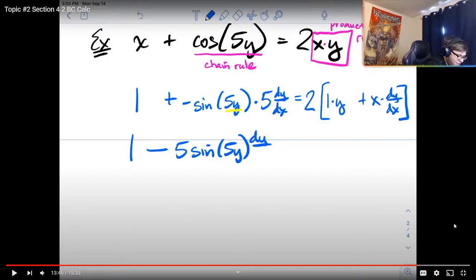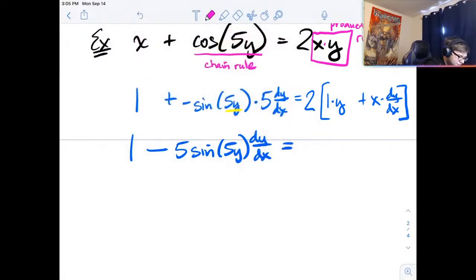Minus 5. This is why I hate trig functions. The notation for trig functions is so whack. Sine of 5y dy dx, with a dy dx dangling from the end of it.